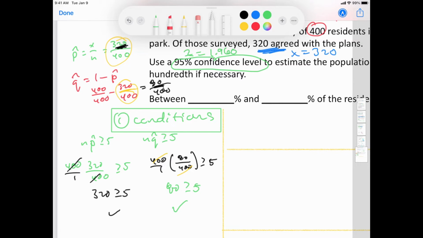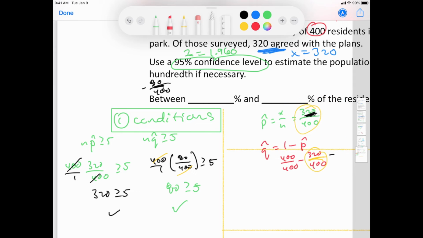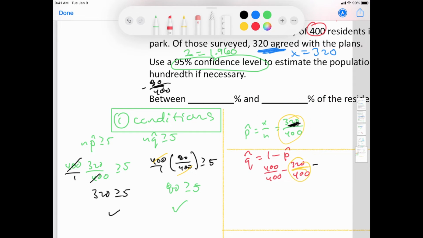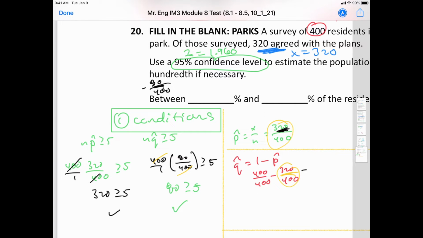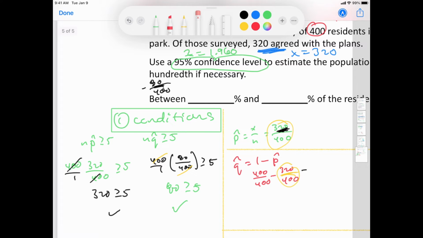The second thing we were supposed to do is calculate p hat and q hat, which we already did. So I'm going to move this over there. Second condition, we were trying to figure out success and failure, which we did.